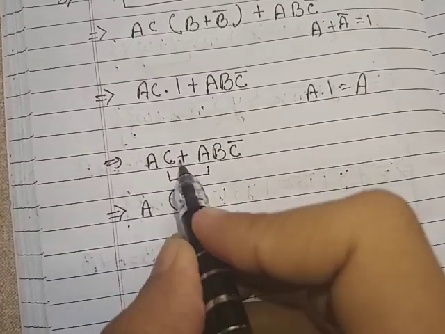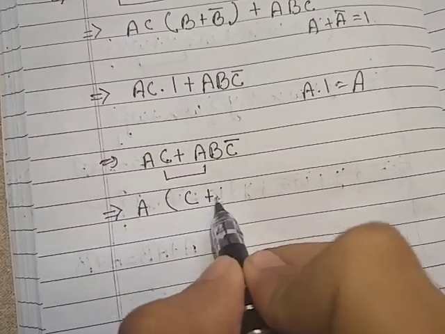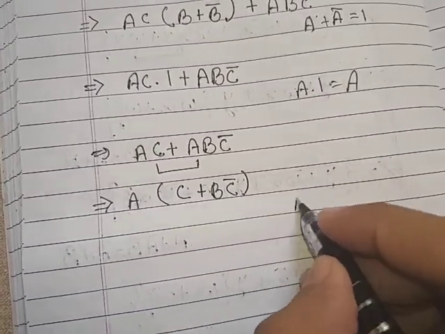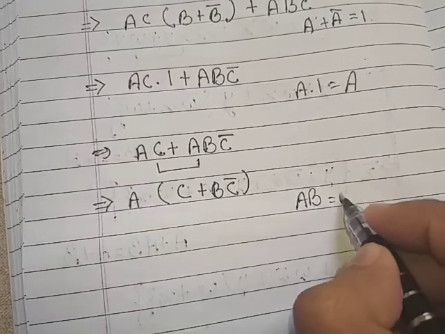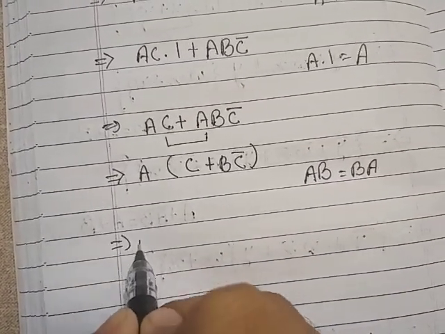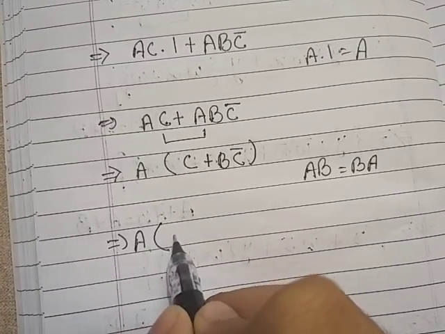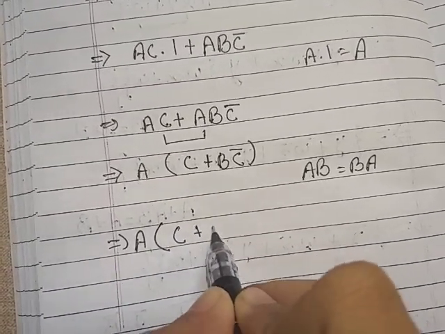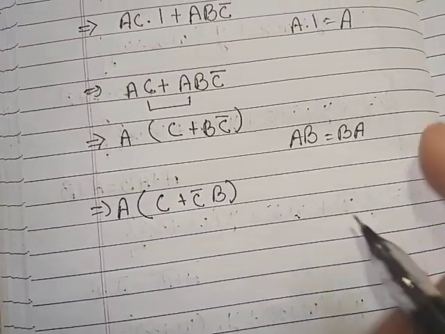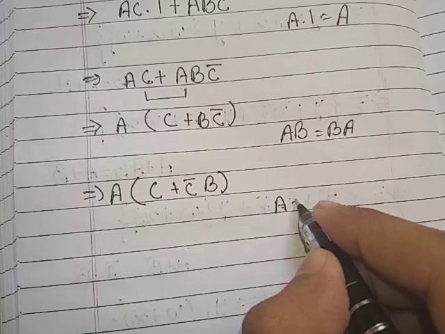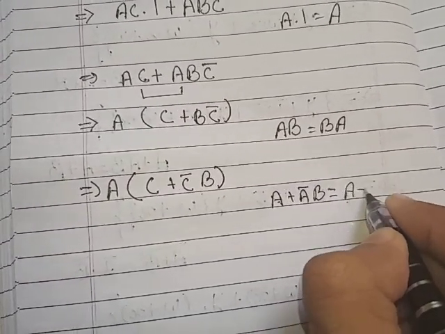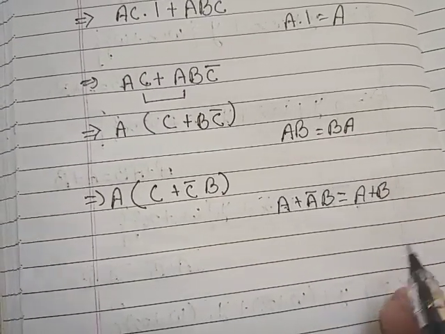What is the remainder? c plus bc bar. Now we know that a dot b is equal to b dot a, so here we go: a dot c plus c bar b.